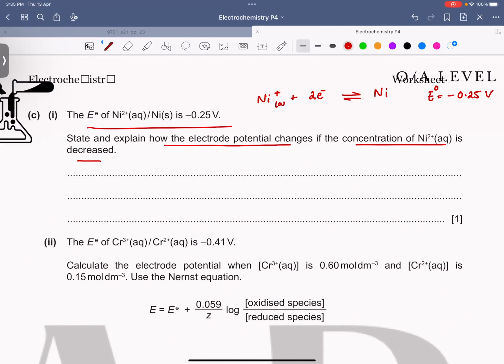So if I decrease its concentration, what would happen to the equilibrium? Equilibrium shifts to the left, and if the equilibrium shifts to the left, the E value becomes more negative.